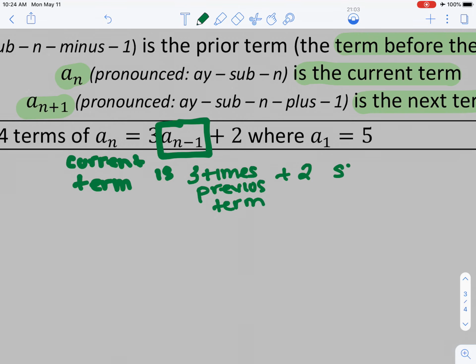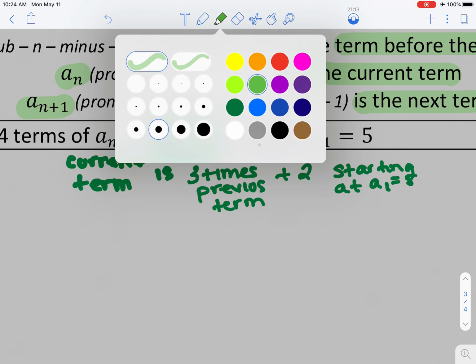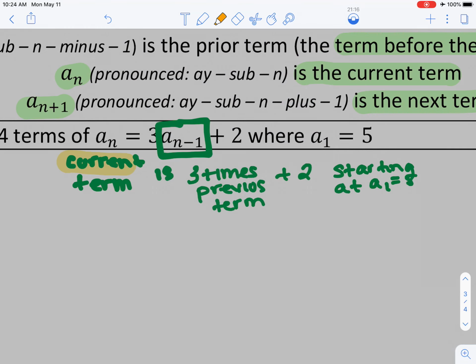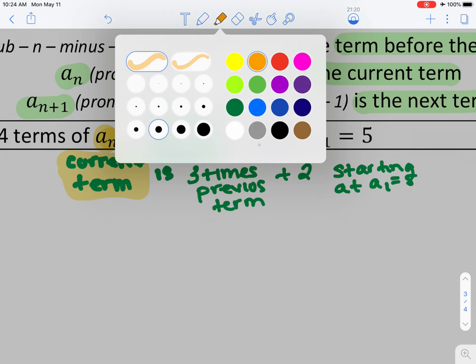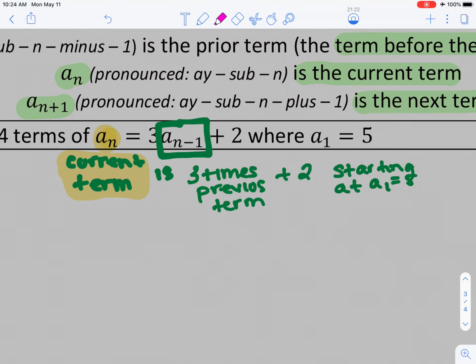And we start this at a sub 1 equals 5. So 5 is our starting point. Just to clarify a little bit what's going on here, we have our current term. If we're going to find any term in the sequence, we need to know our previous term.